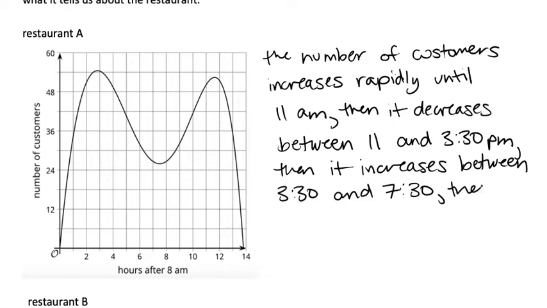And then it is decreasing again after that. So this part here is again decreasing rapidly, which means that the number of customers is decreasing at a fast rate, or a lot of people are leaving the restaurant in a short period of time.